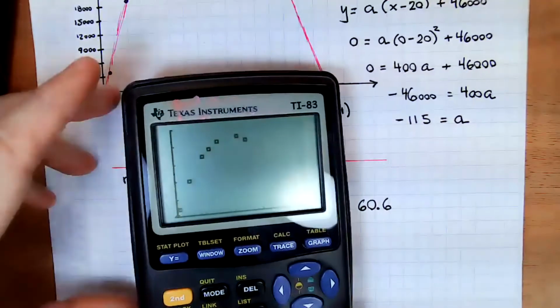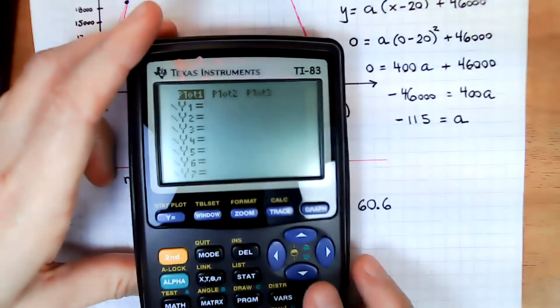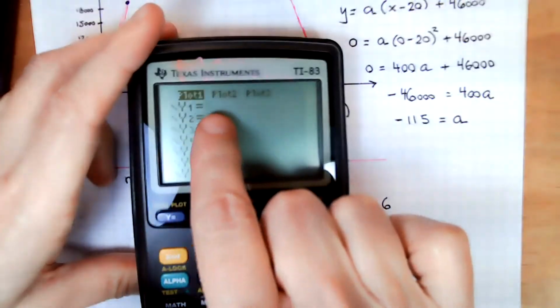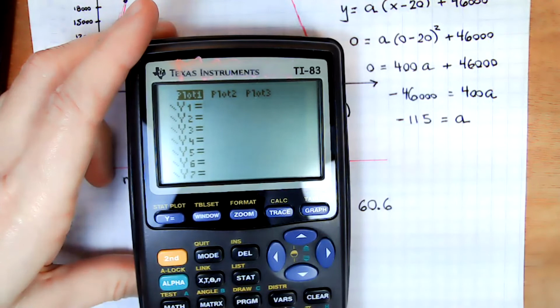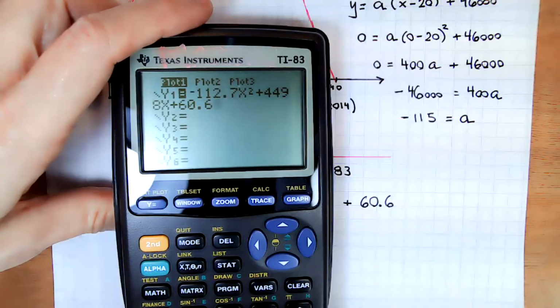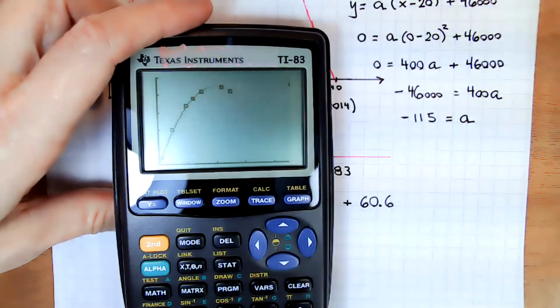So you have your data. You're going to go into y equals, and you're going to type in your model. So you type in your model, and then you're going to hit graph. And it looks pretty good.